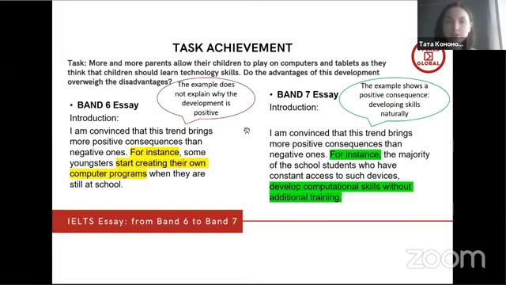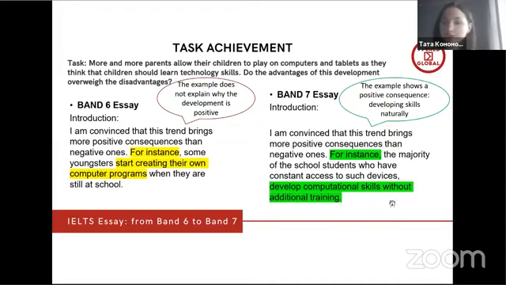And the author states that this is a positive trend more than negative, and gives such an explanation. Some youngsters start creating their own computer programs when they are still at school. It's really connected with children's playing on gadgets, but at the same time, it doesn't prove that the development is really positive.